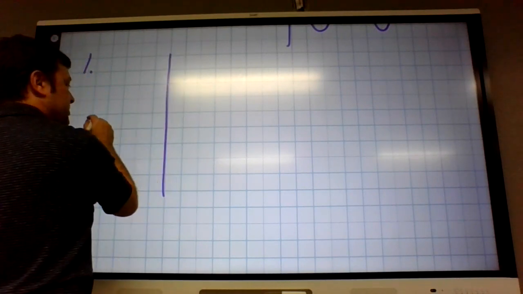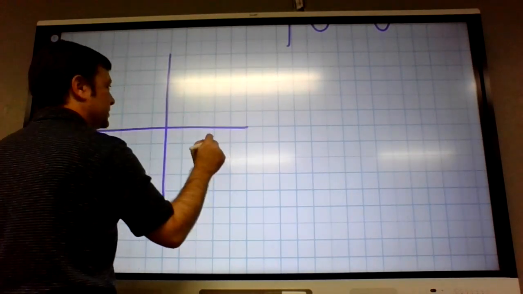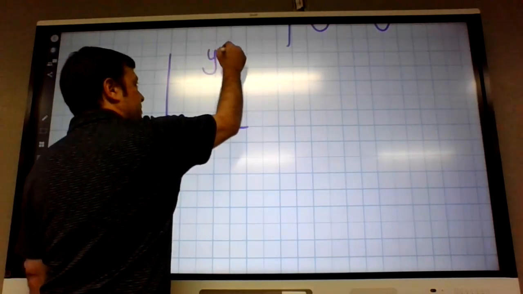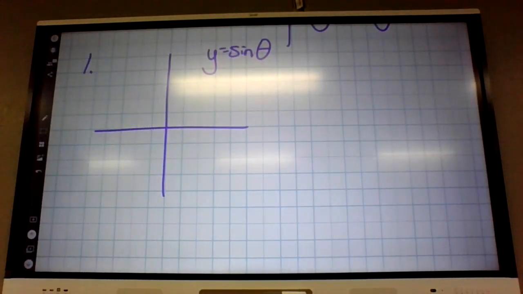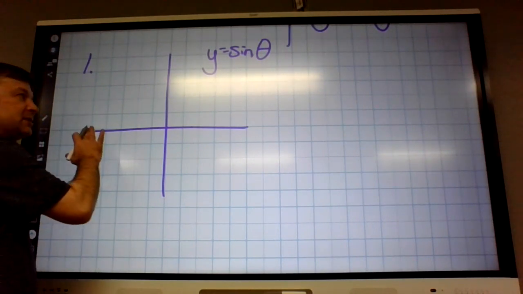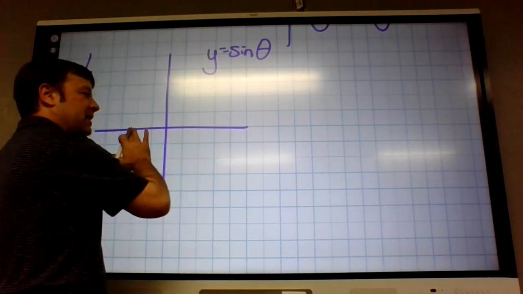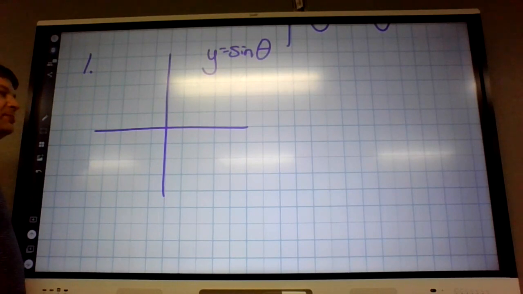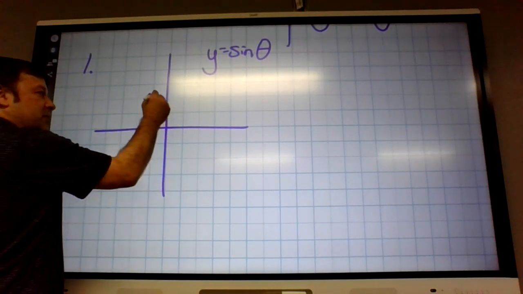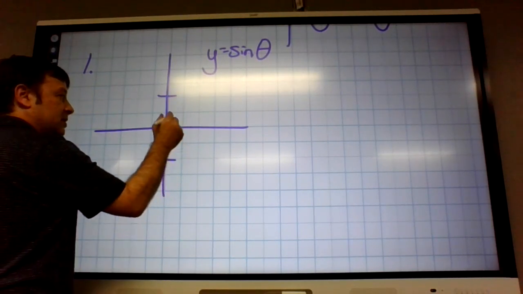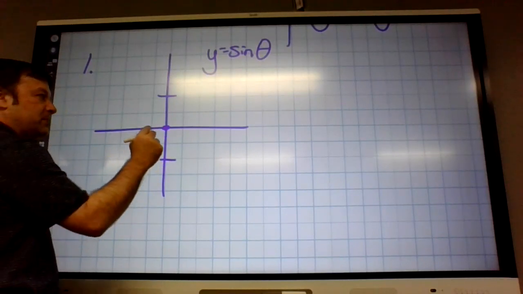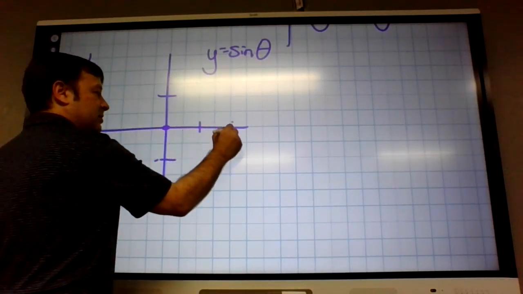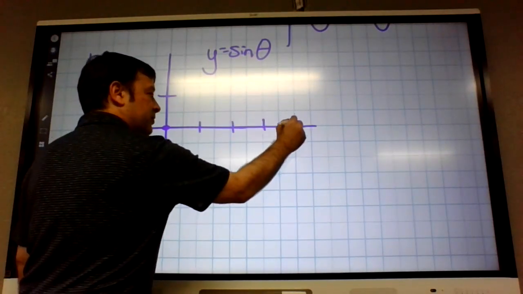Number 1 is we're supposed to graph y equals sine of x. I think they use the variable theta. It doesn't really matter what variable it is. Theta or x is still this axis. Okay. So, do you guys remember where I started at with the 0? 0 going up. And also I kind of split this into fourths.